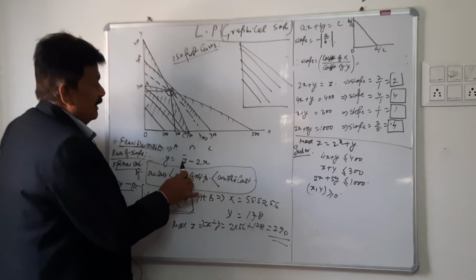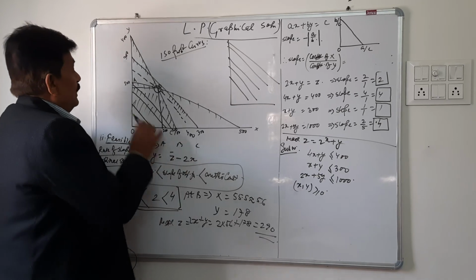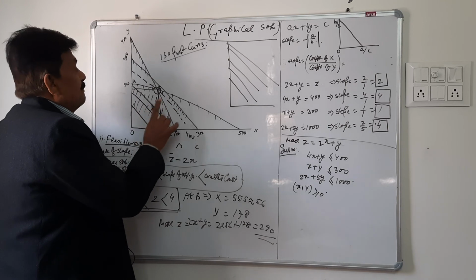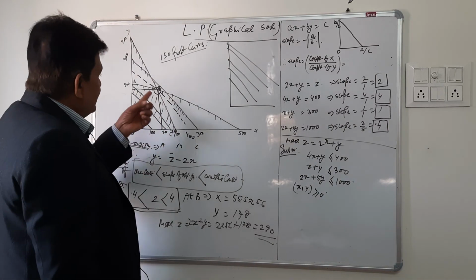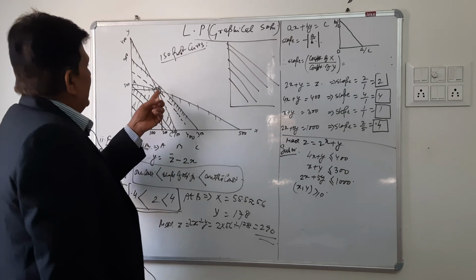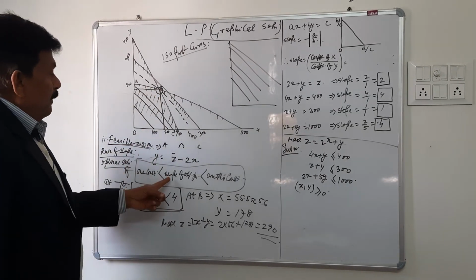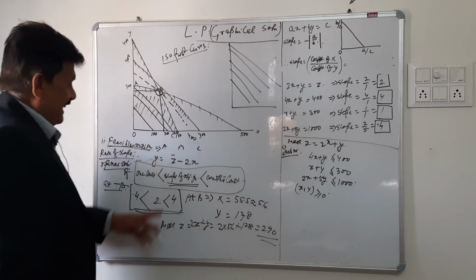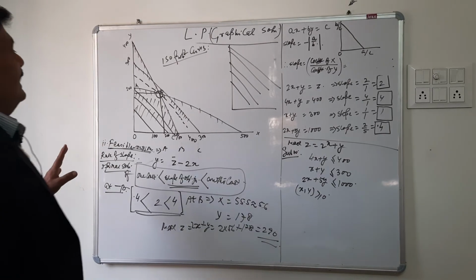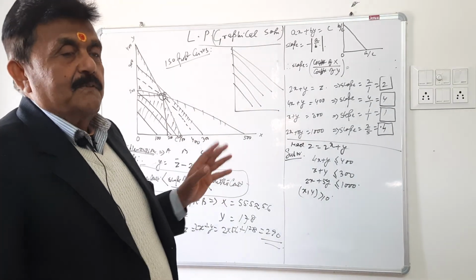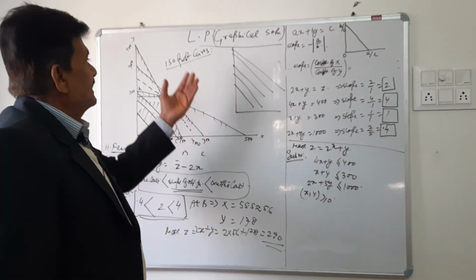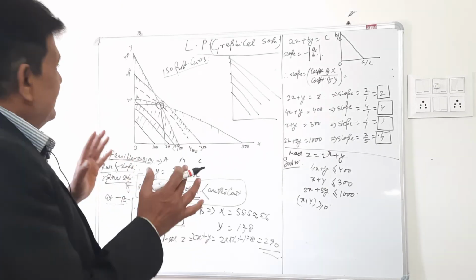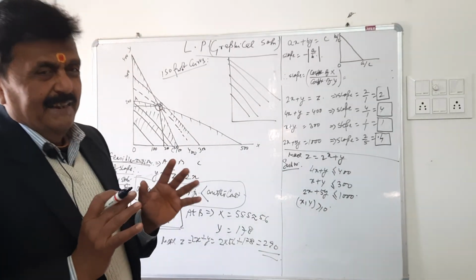Corresponding to that value, we get an isoprofit line, and we go on plotting the isoprofit line till it passes through one of the intersections, and that intersection will be an optimal solution if at that intersection the slope of the objective function lies between the slope of the two intersecting lines, and this has been well verified right here. So this is what linear programming entails for maximization or minimization. Today we were concerned with the maximization of profit. In the same manner, we shall be minimizing the cost, and this is how this graphical solution works.